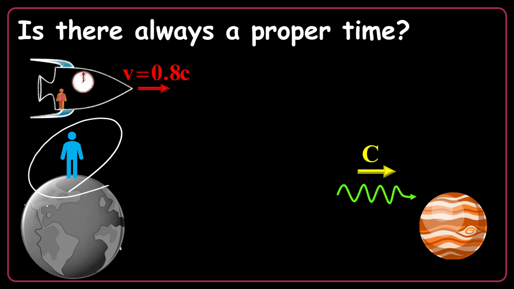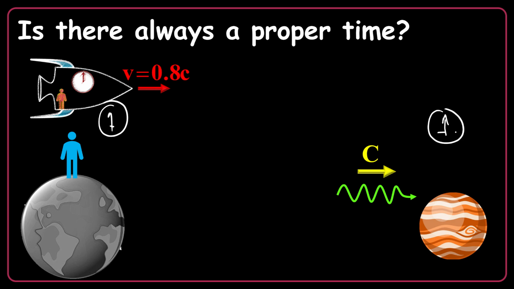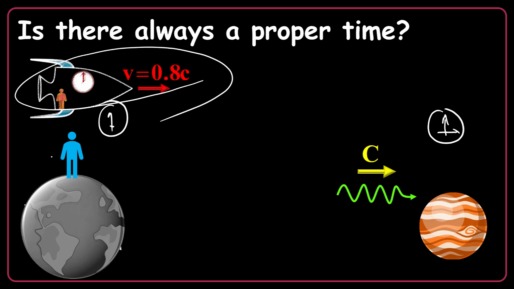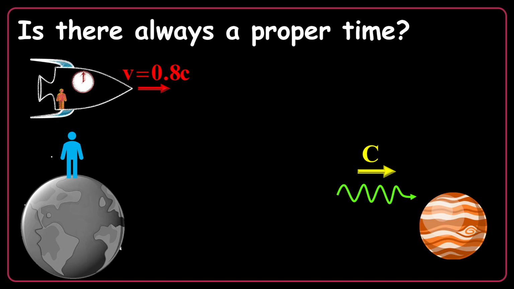We will learn the Lorentz transformations in upcoming videos. However, this person will also use a couple of clocks. So even when you are traveling very fast in a spaceship, for this specific event, you cannot measure the proper time. The answer is no. You cannot always expect to attribute the proper time to one of the observers. It's not definite. Sometimes yes, but it's not always a yes answer.